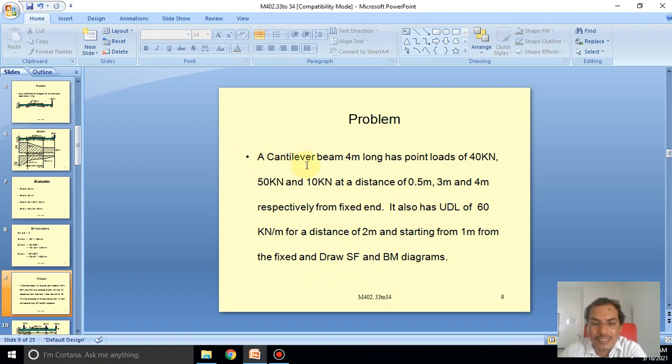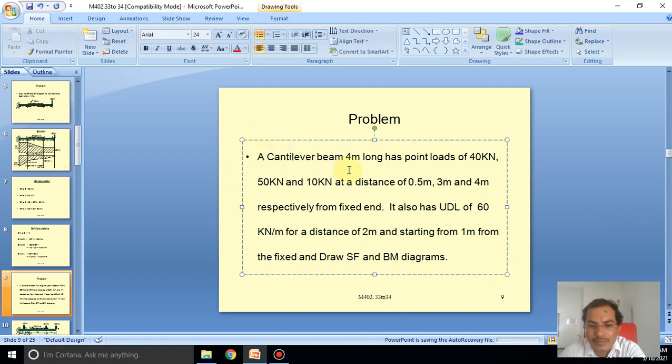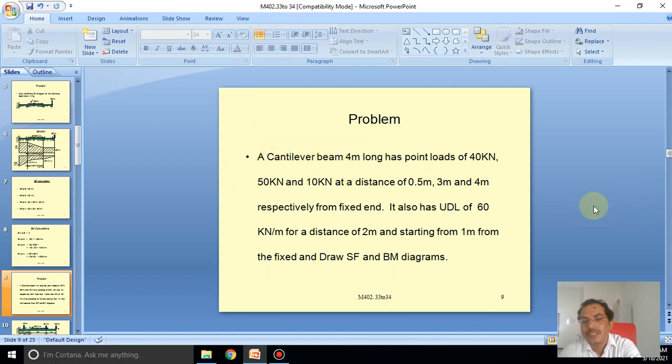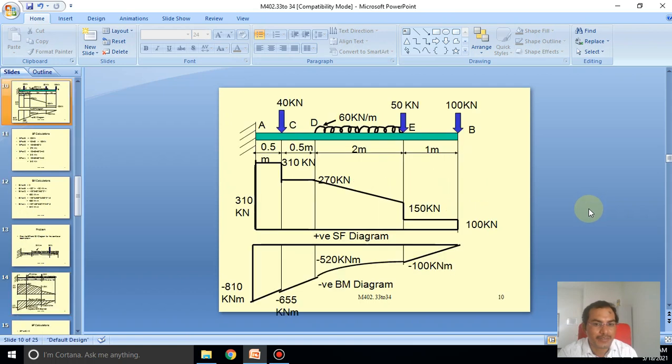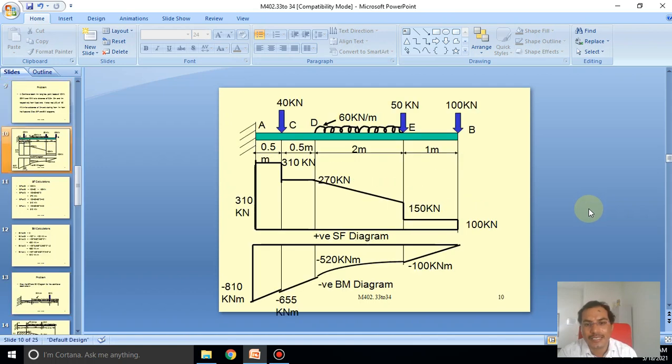In this problem, first of all we find out which type of beam is given. Here a cantilever beam is given. A cantilever beam means one side is fixed and the other one is the free end. This is the diagram given here.